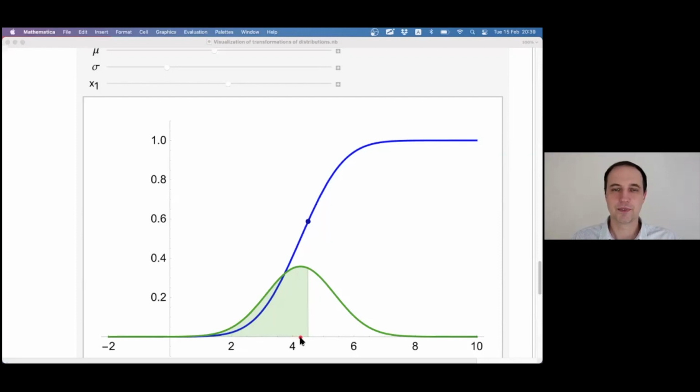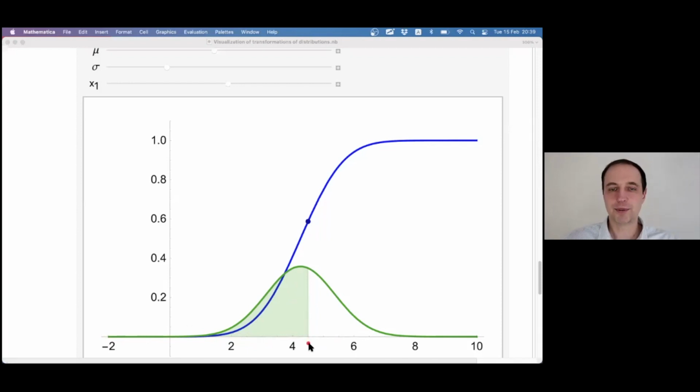And I want to say that the area under the curve that's indicated here with green, that's the total probability that x is going to be somewhere between -infinity and this chosen value of x.